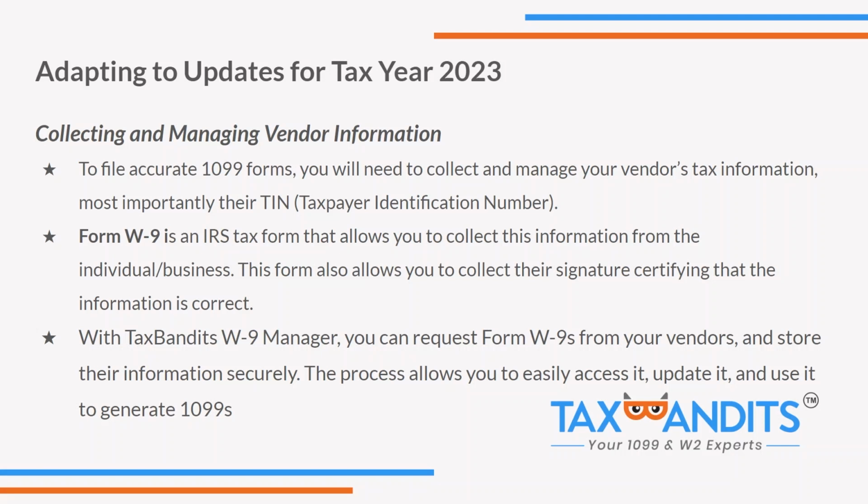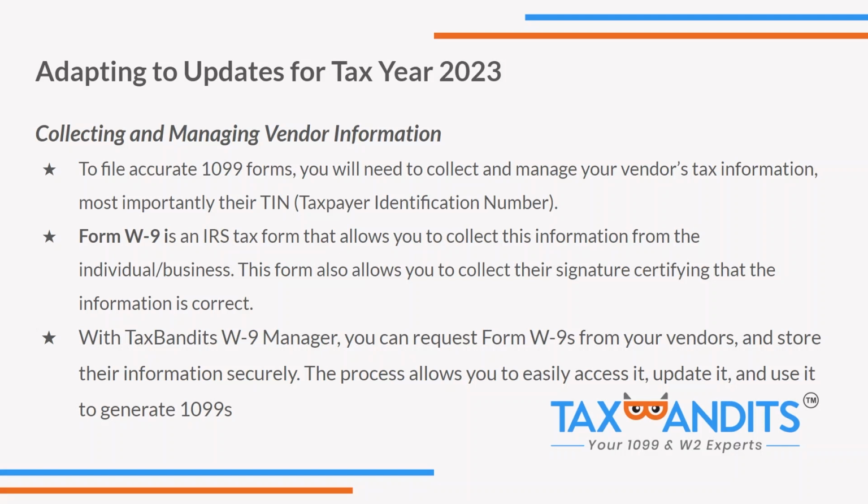Collecting and managing vendor information is a vital step in adapting to these IRS updates. To file accurate 1099 forms, you'll need to collect and manage your vendor's tax information and, most importantly, their taxpayer identification number and name. Form W-9 is an IRS tax form that allows you to collect this information from the individual or business.